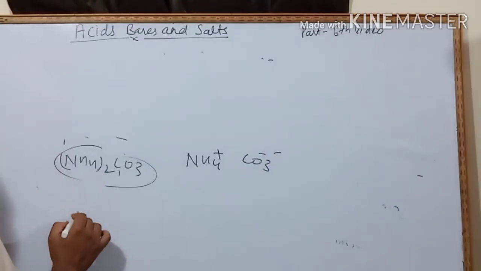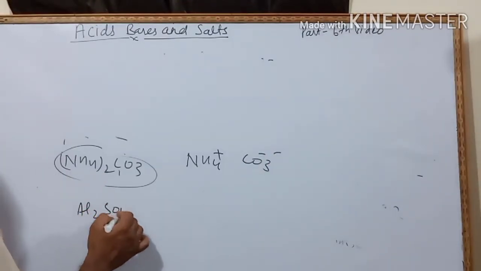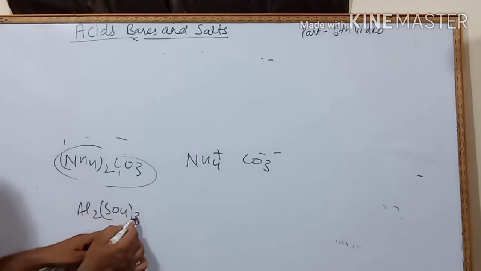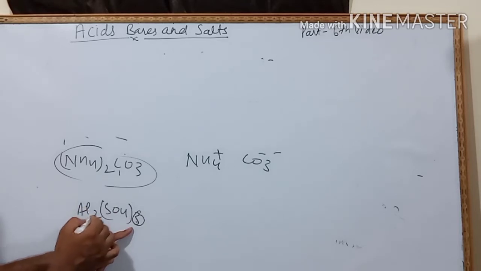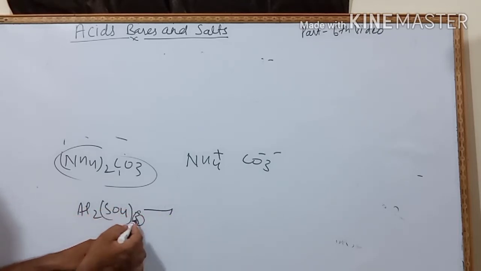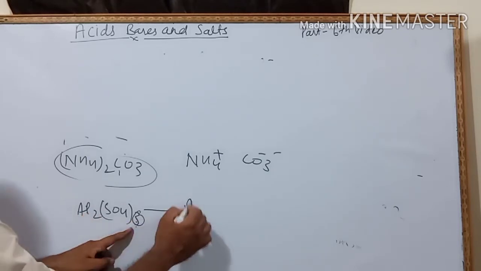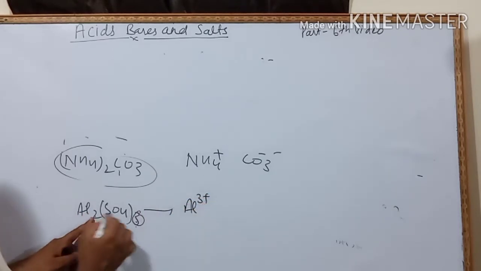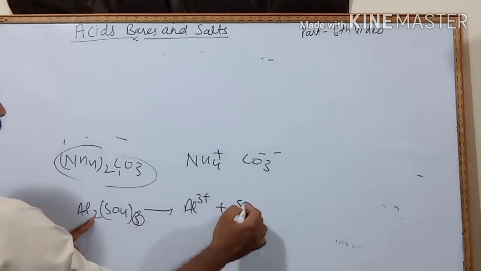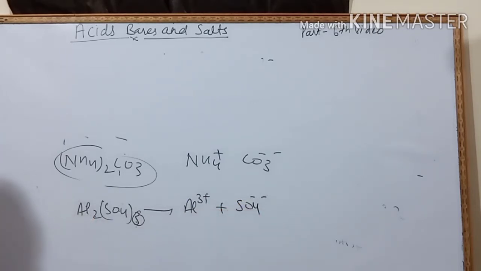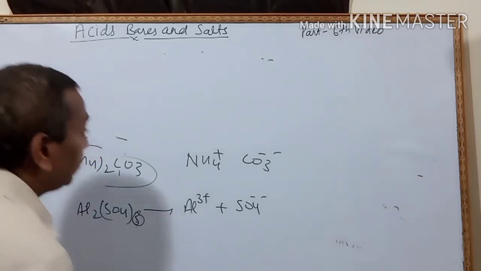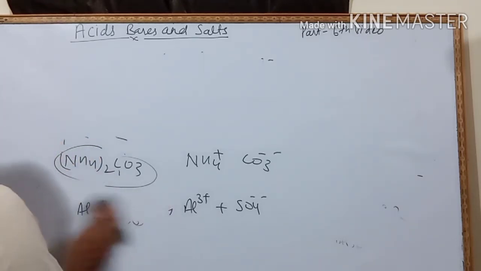Similarly, if the salt is aluminum sulfate, by the crisscross method, 3 positive charge and 2 negative. Aluminum is positive and carries 3 positive, so write aluminum 3 plus, and 2 negative charge on the sulfate. This is the way we can also find the ions from the salts.